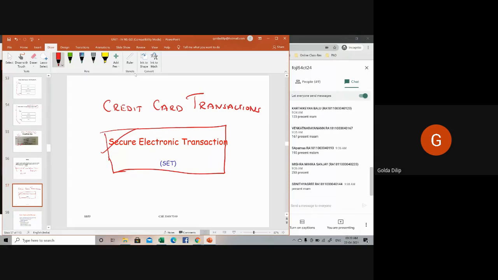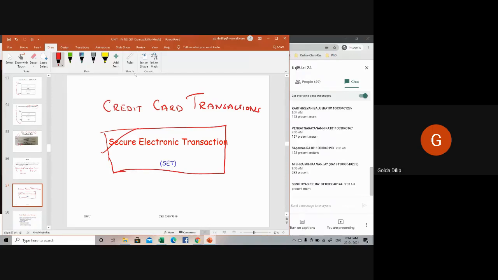This is not a payment system or anything. It is just a set of protocols which will ensure that your online payment transactions, whatever you do on the internet, are secure. That's the purpose of SET.